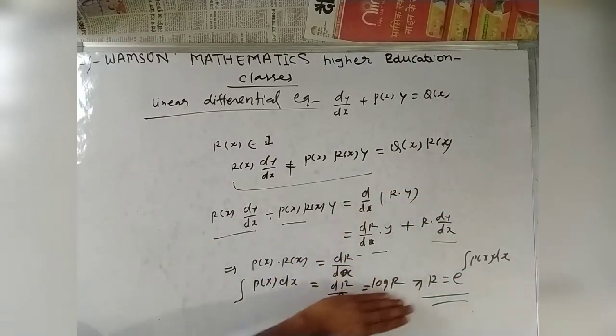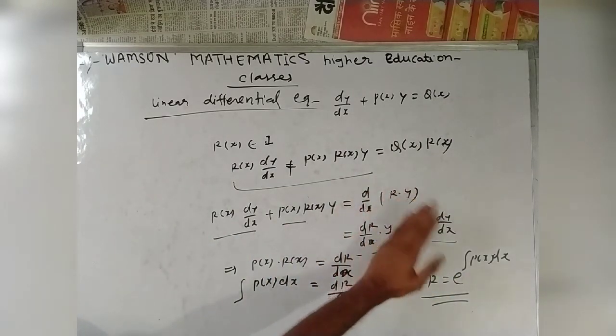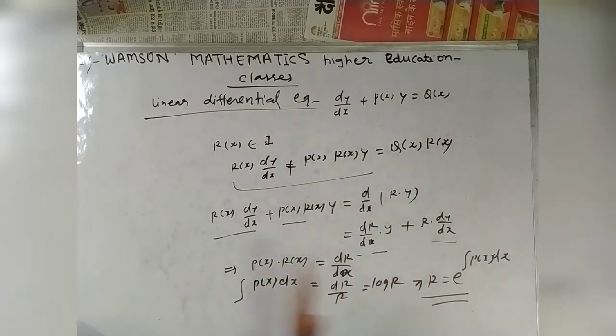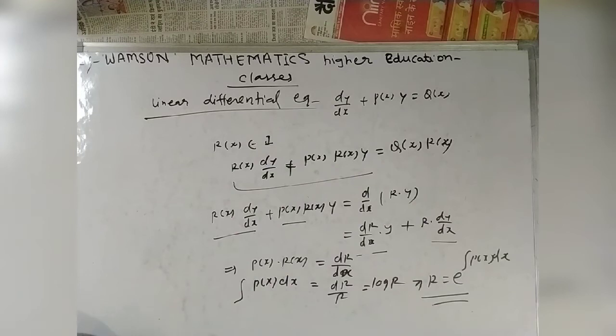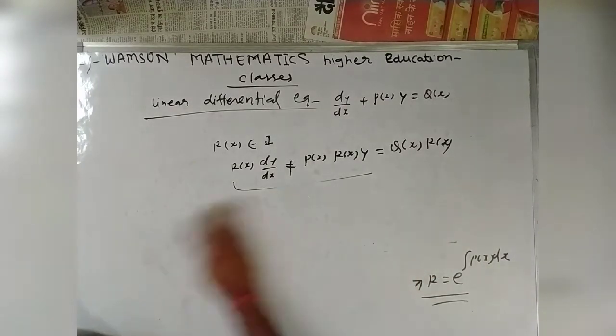Now find the derivative and compare both sides, and we can easily find the value of r. The value of r is e to the power integral of p of x dx.